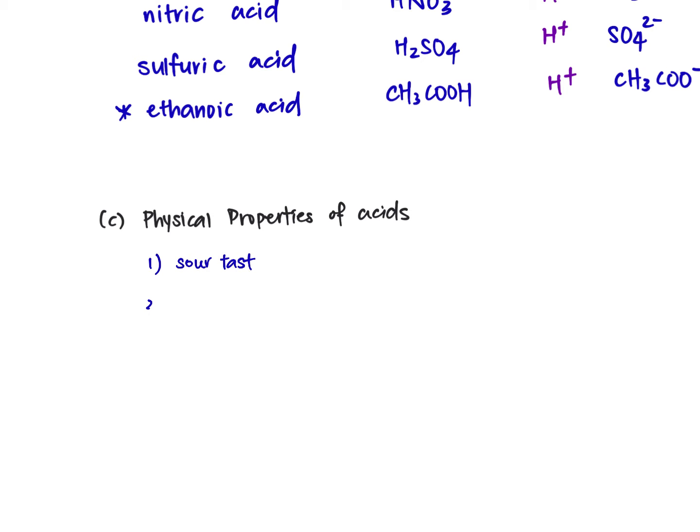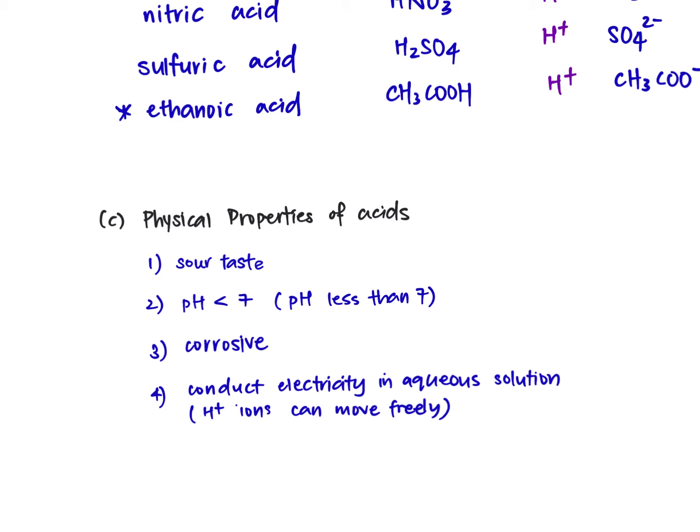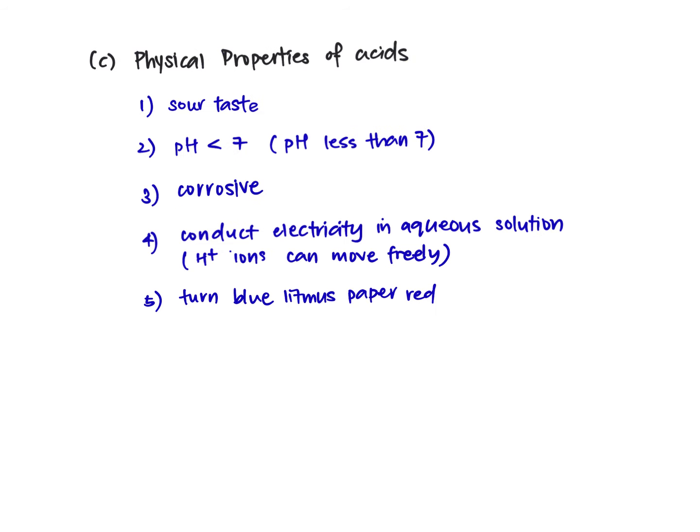Now let's look at the physical properties of acid. First, sour taste. Second, pH less than 7. Third, acid is corrosive. Fourth, conduct electricity in aqueous solution because H+ ions can move freely.